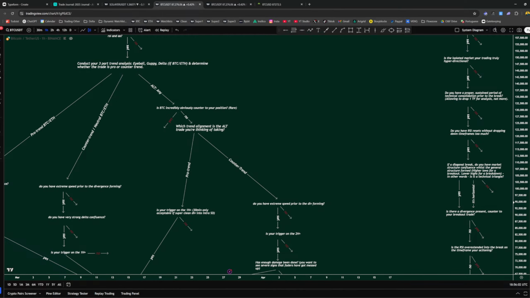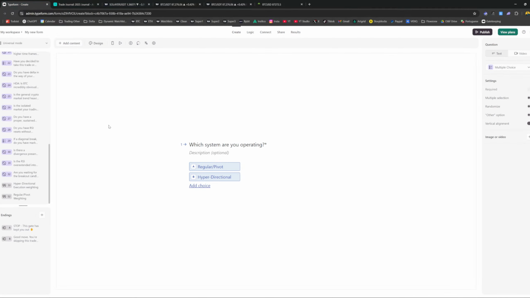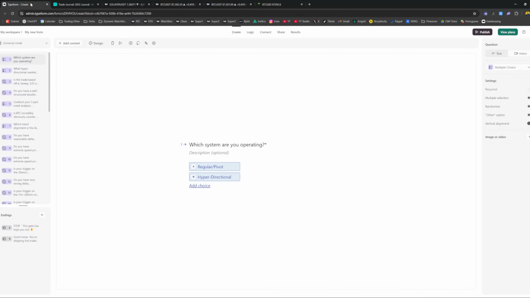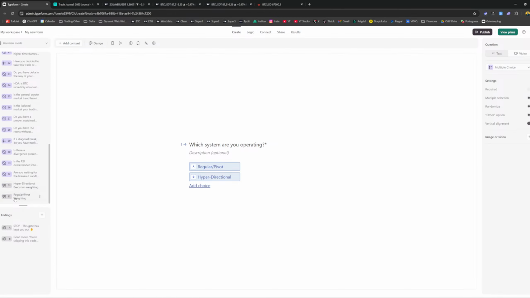Essentially, I've put together a Gatekeeping V2 system in Typeform here. On the left-hand side, everything is marked as either yes or no options or multiple choice. I have 32 different statements and questions, with different answers.